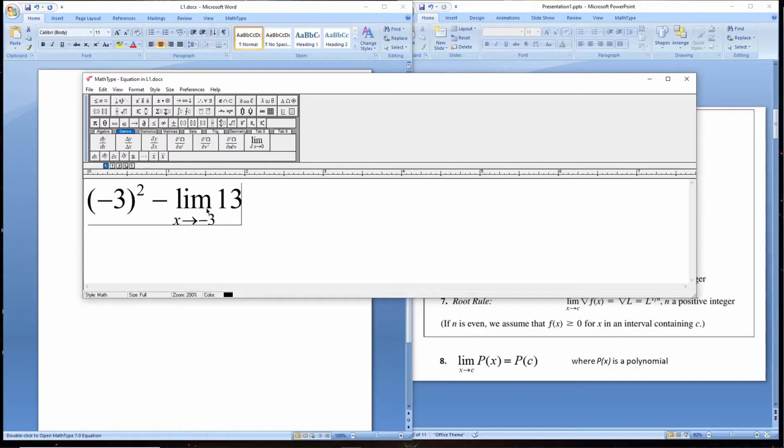Now, what about the limit of a constant? A challenge, I think, coming from algebra to calculus is that most students are in a mind frame when they see a number that they think of a quantity. Like when you see this 13 here, 13 pillows, 13 cars.